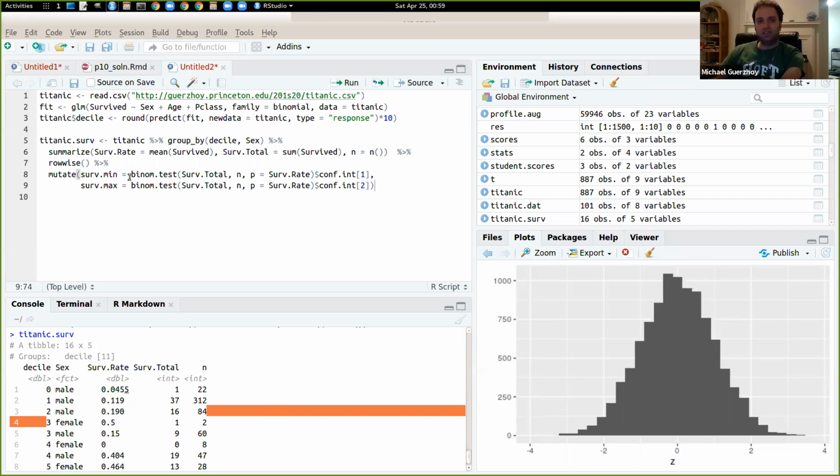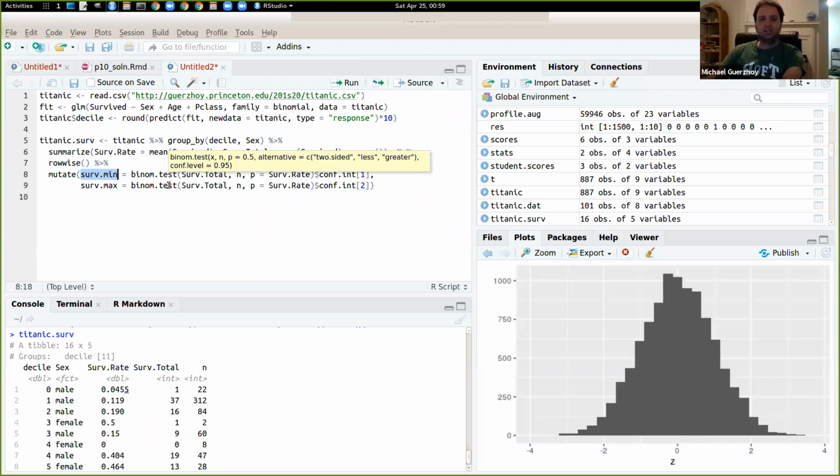And what we're doing here is we're getting the confidence interval for the survivor rate, and binom test actually provides that.